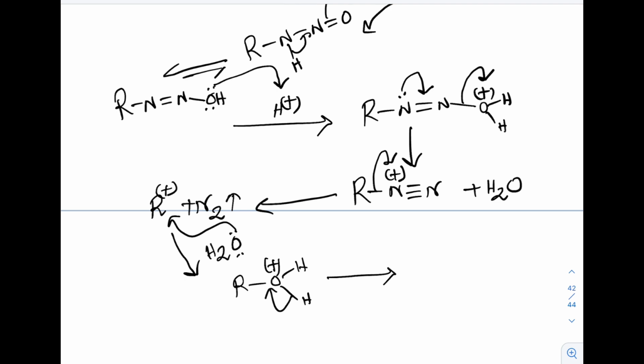So this will be a shift, and as this sigma bonded electron is being transferred over to this O plus, that's why O plus is being neutralized to generate ROH.